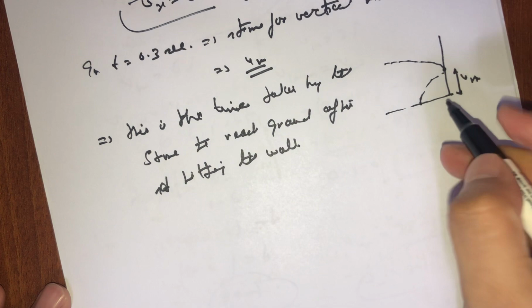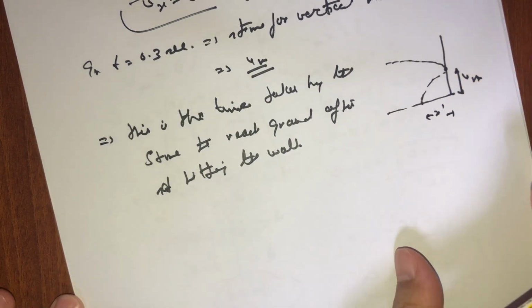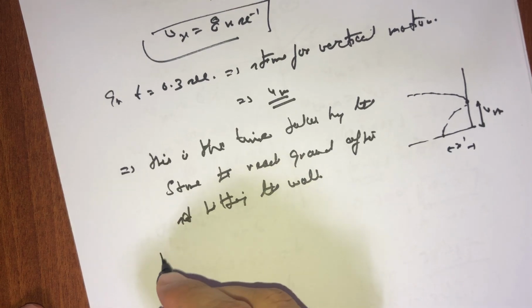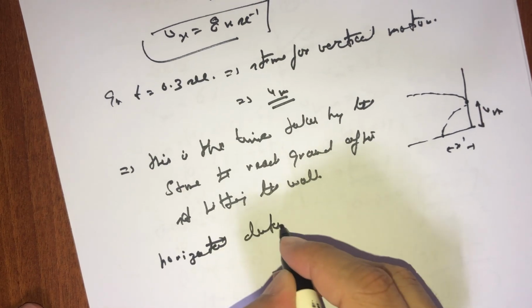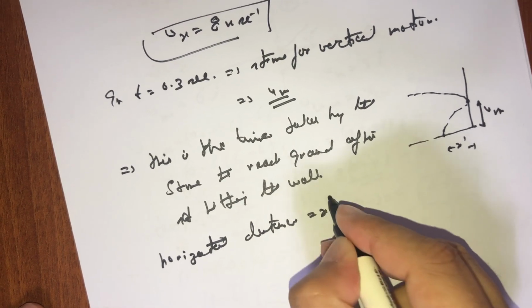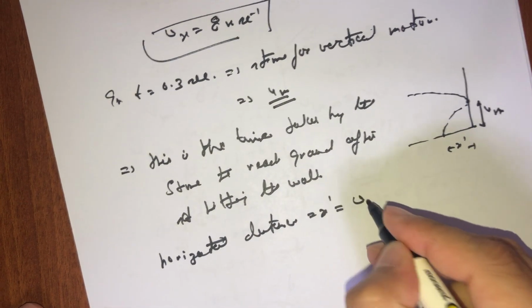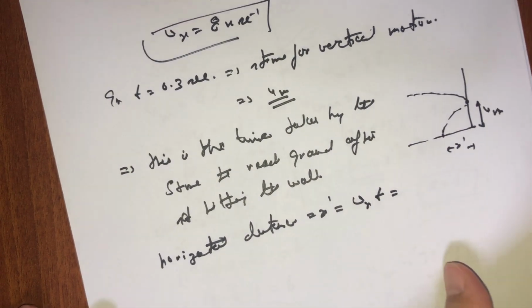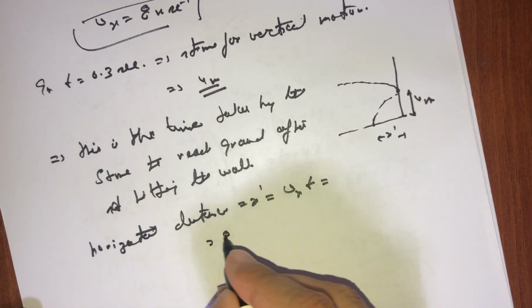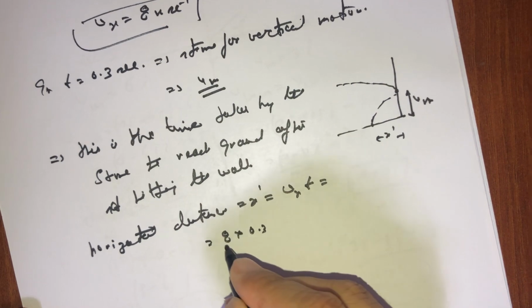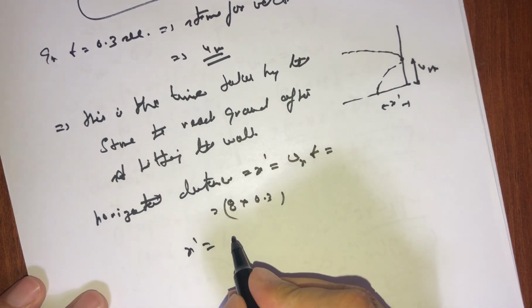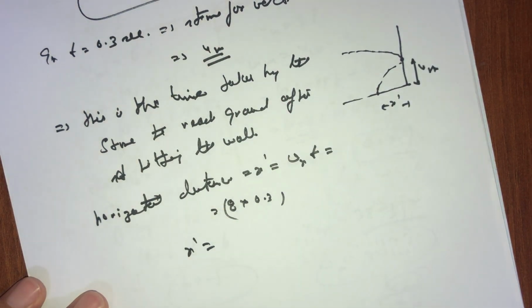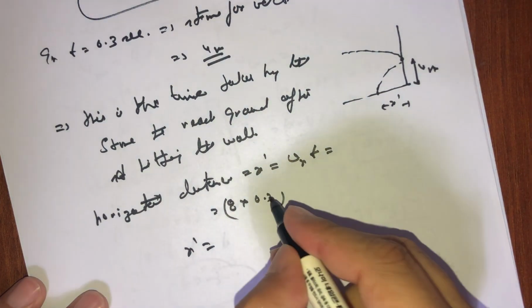This distance we have taken as x prime. So horizontal distance after striking the wall is x prime, which is equal to Vx multiplied by t, and Vx we already know is 8 meters per second, time is 0.4 seconds, sorry, my mistake, this is 0.4.